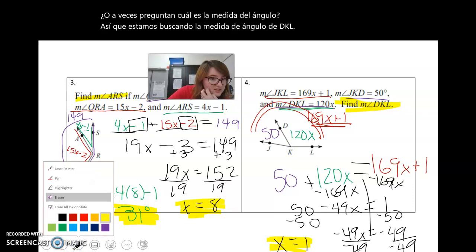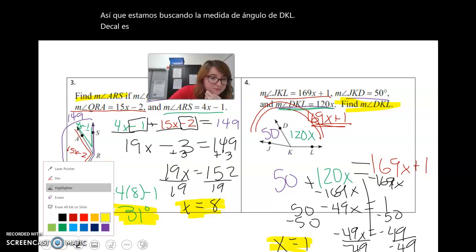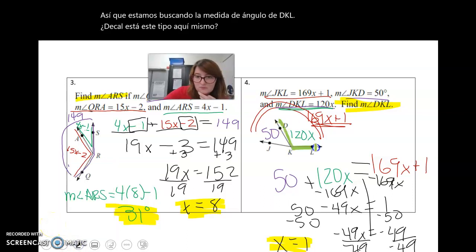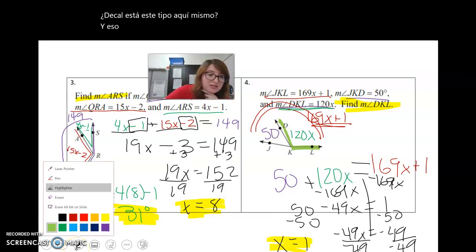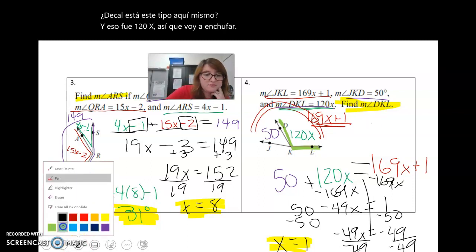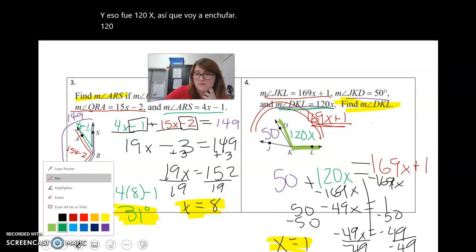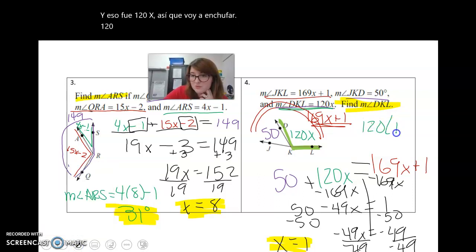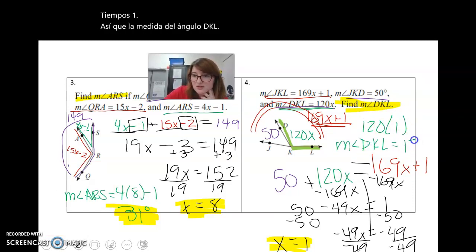Well, DKL is this guy right here, and that was 120x. So I'm going to plug in 120 times 1. So the measure of angle DKL is 120.